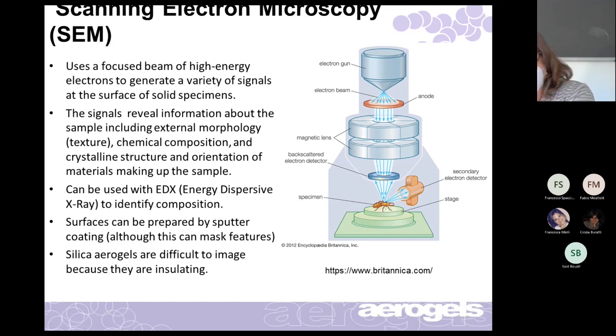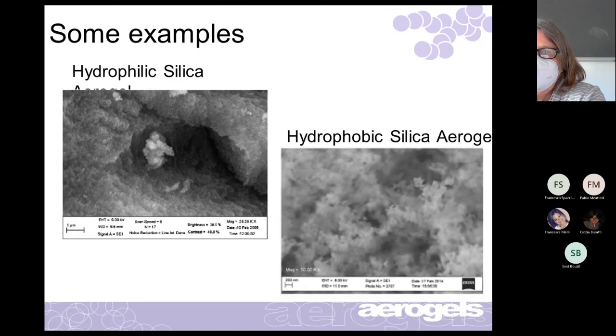On the other hand, silica aerogels are very difficult to image because they're insulating, so it's a trade-off. We have done some sputter coating, but we don't do it anymore, but we also don't get great images, so it's hard. So I'm going to show you some examples. Let's go to my screen.